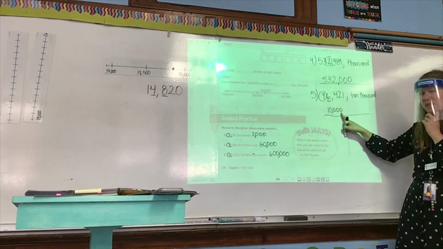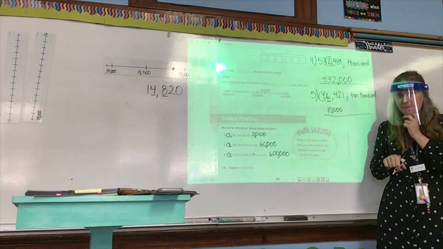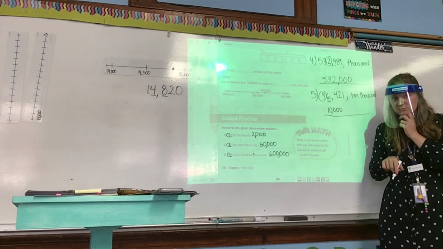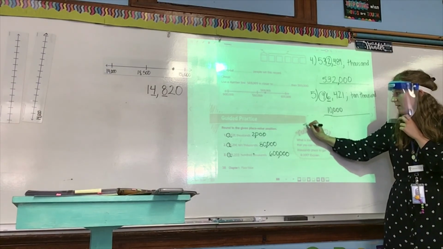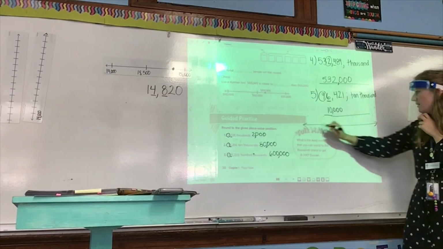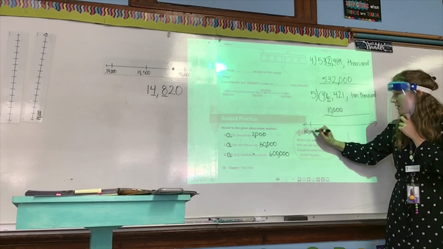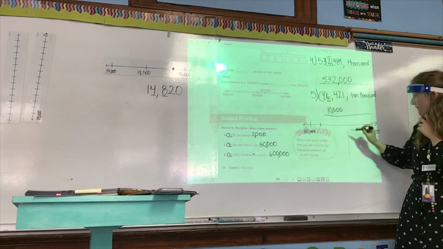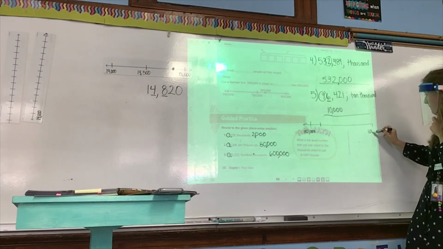Would 10,000 be anywhere near 96,421 on a number line? Yes. Would it? If I had a number line that went from, we'll say 10,000 to 90,000. Well, no, 100,000.